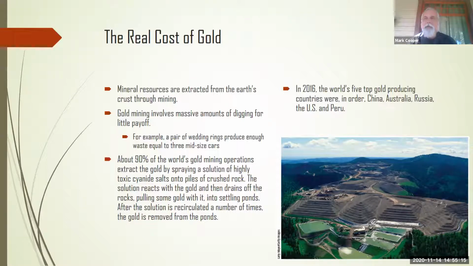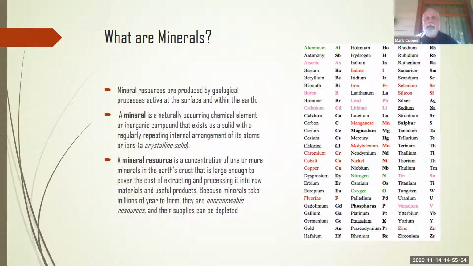So it's a commodity that we buy and sell, that we use, and we want to think about what is the real cost besides just the price that we put on buying it on the market. So what are minerals? Here's a list, and I don't expect you to memorize them. I just pulled off the web something that we use.